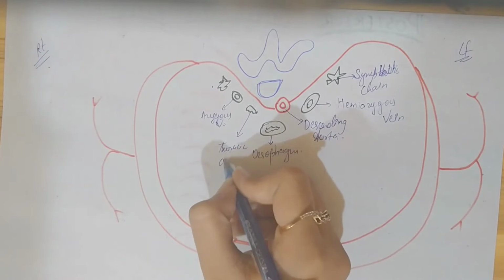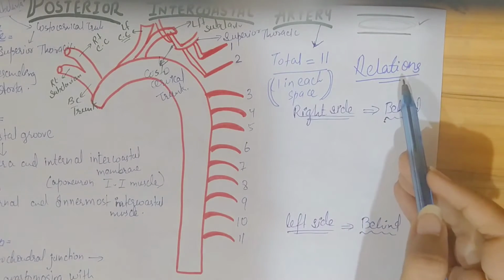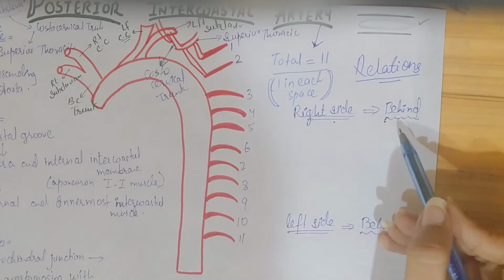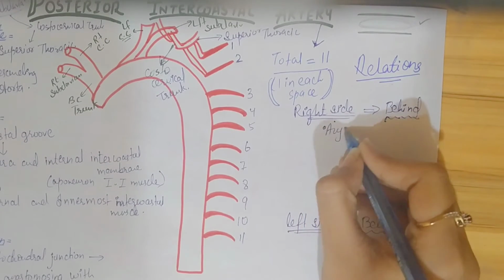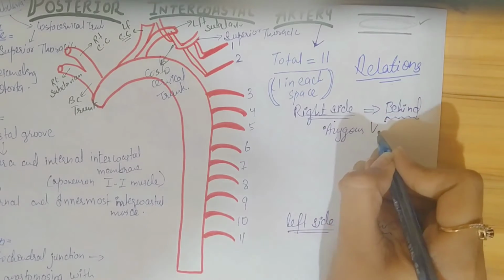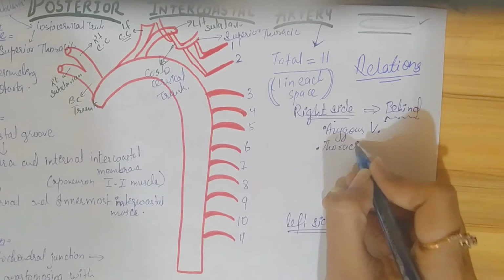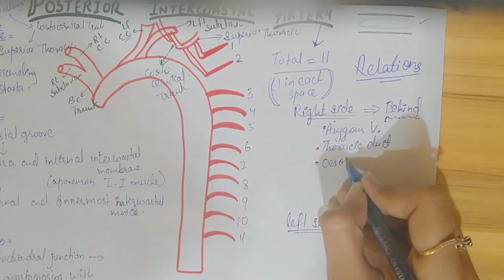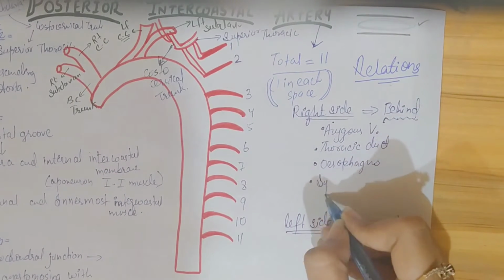So from here the relations are clear. Moreover, let's write these relations. As I told you, on the right side the posterior intercostal artery is behind the azygous vein, thoracic duct, oesophagus, and sympathetic chain.